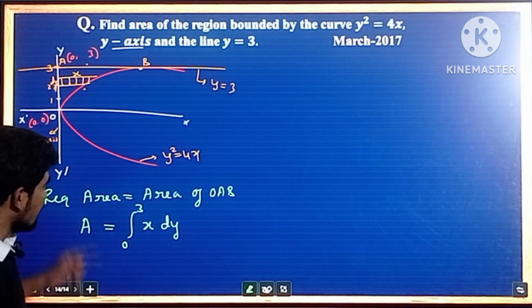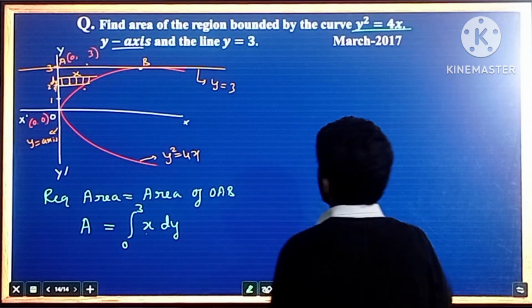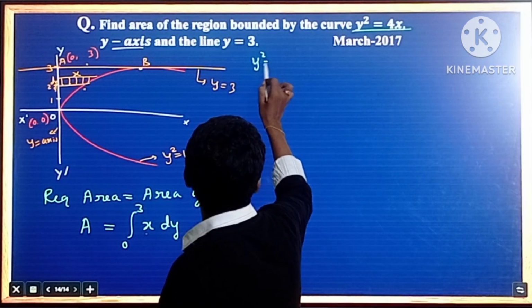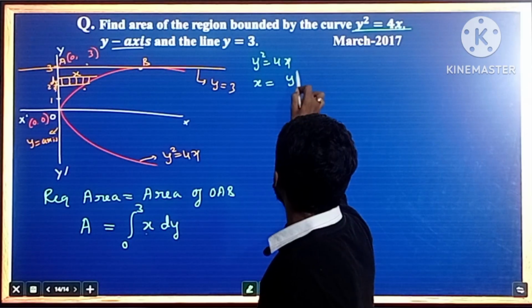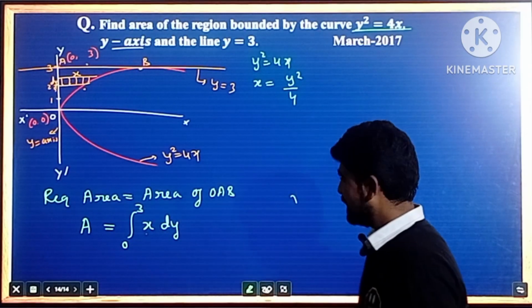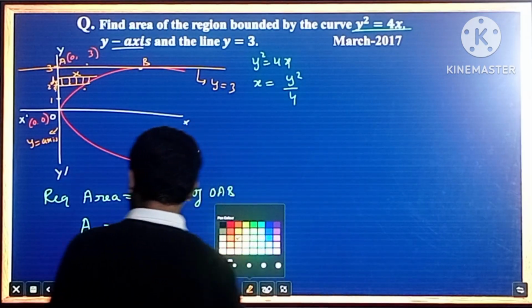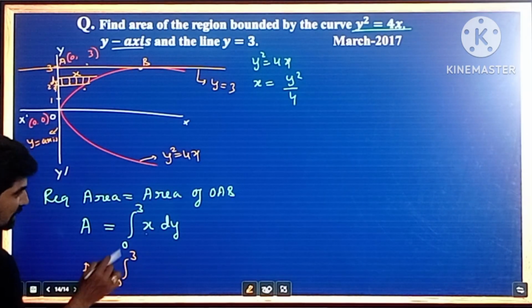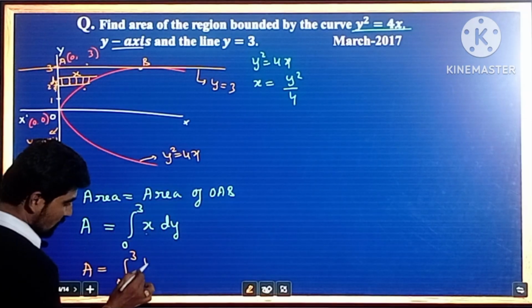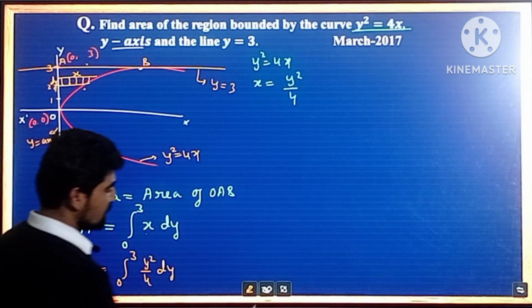Now to find this area we need x, and x is obtained from the equation. Since y square equals to 4x, the value of x should be equal to y square divided by 4. Therefore the required area A is equal to the integration from 0 to 3 of x, what is x? y square by 4 dy. I hope all of you understood.